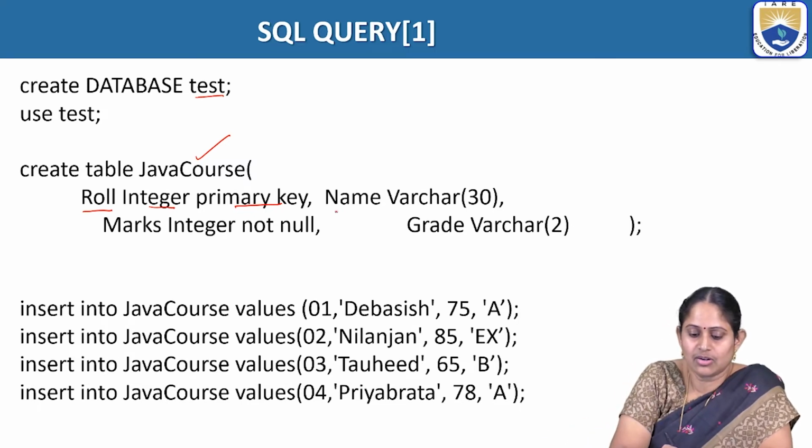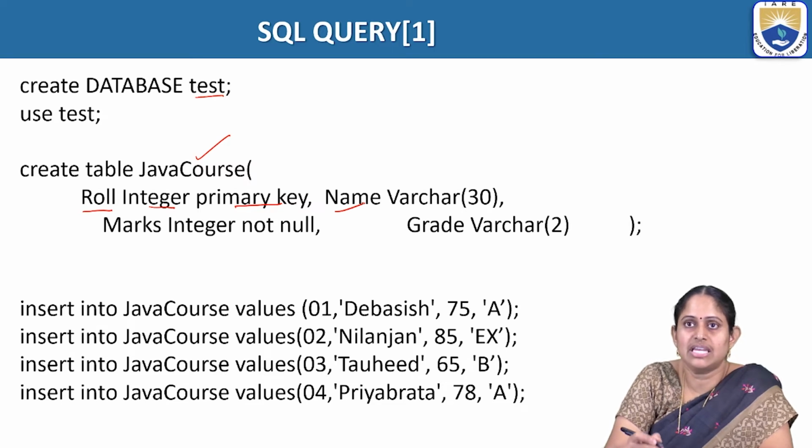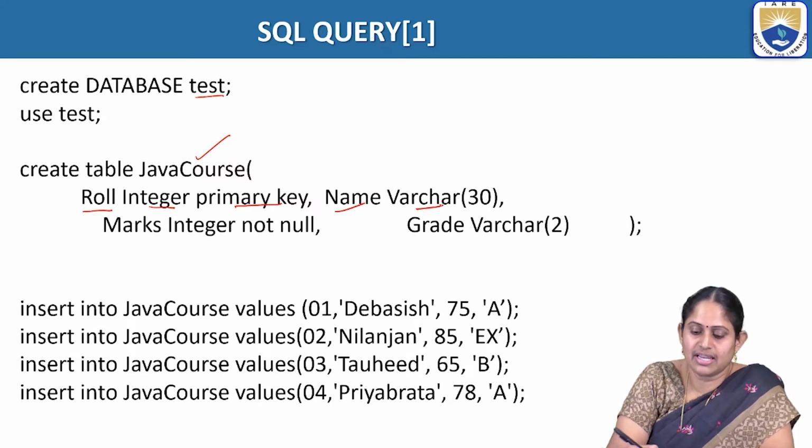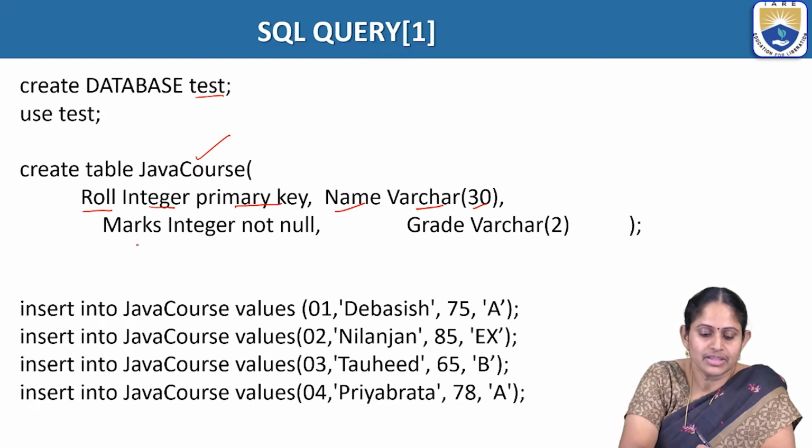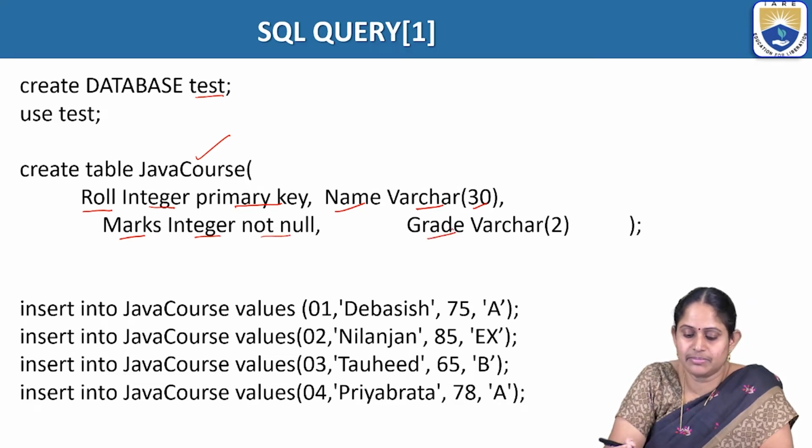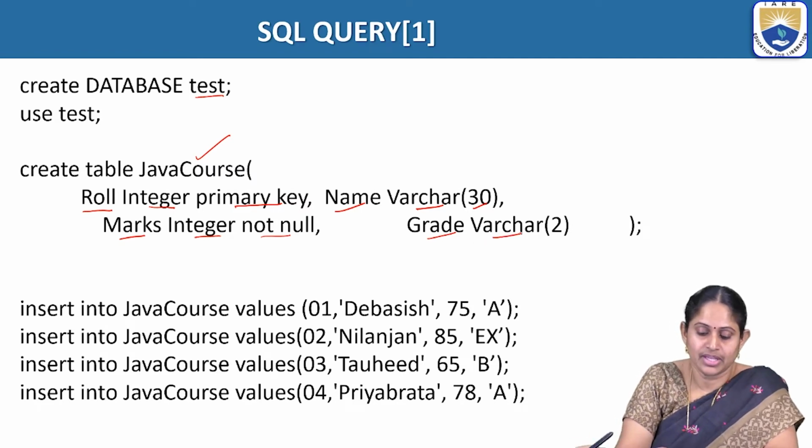Then we have another column named name, which stores the name of the students. Its data type is varchar of 30 length. Then we have a marks column, which is again integer type, and it cannot be null. And we have a grade column, which is again varchar.